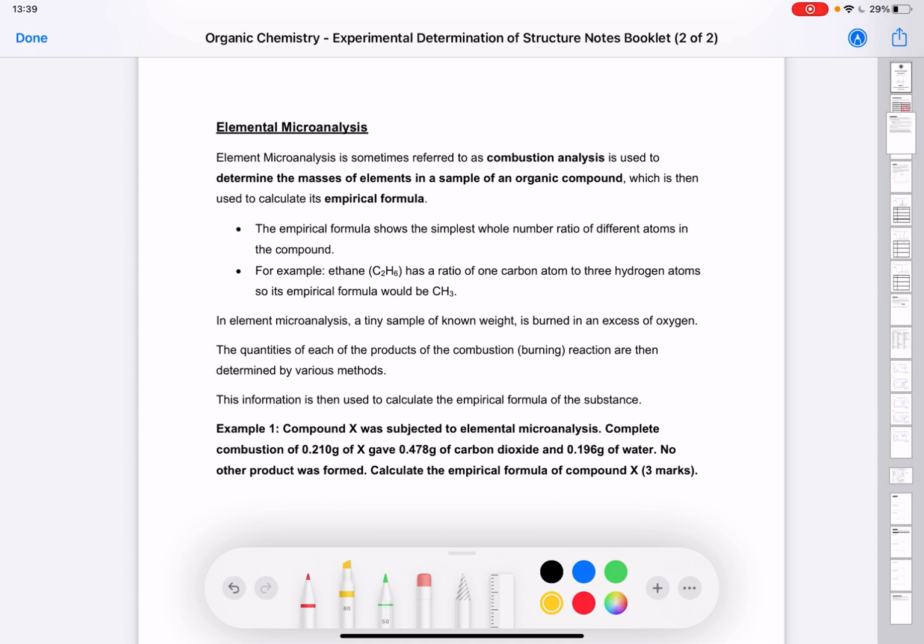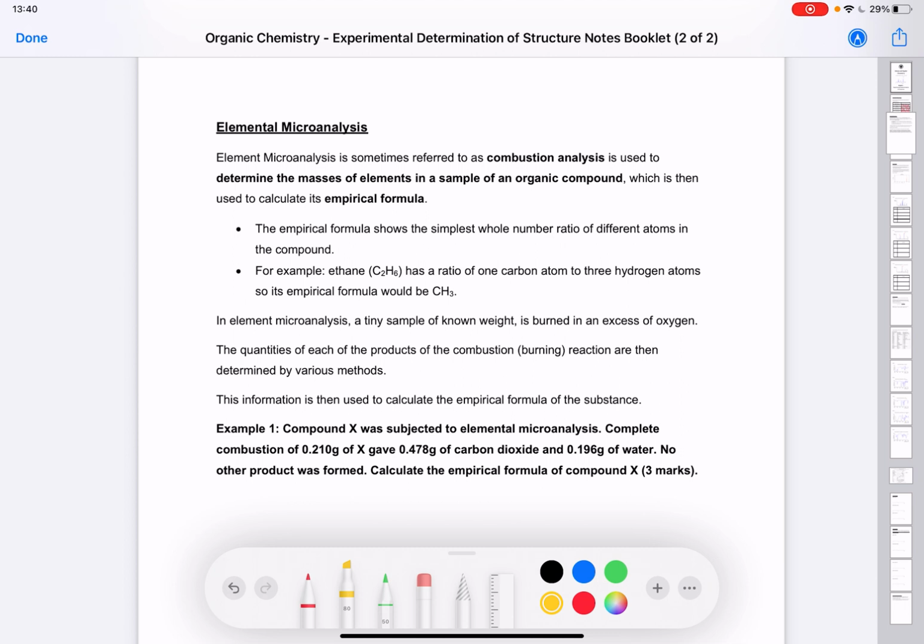Having CH3 as your empirical formula, there isn't actually a molecule that could exist with a structure of CH3. So sometimes empirical formulas don't actually work as a particular compound themselves, but what we sometimes find is that the molecular formula and the empirical formula can be the same thing.